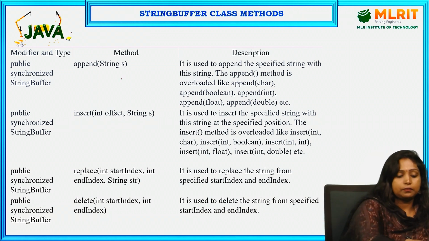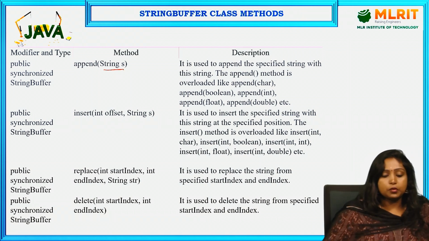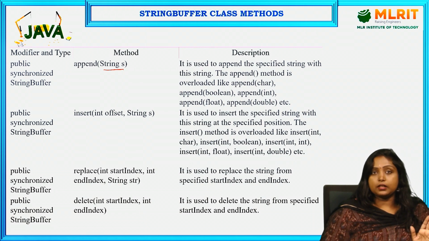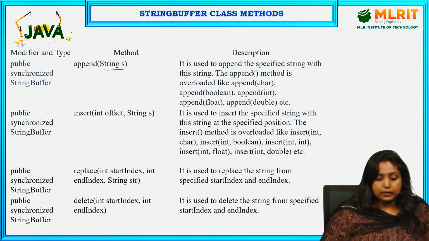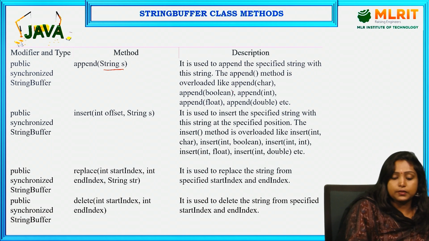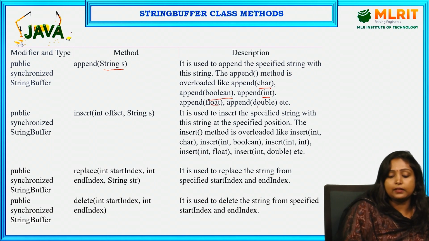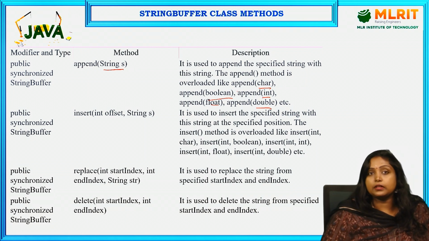The append method is used to add a string. It is overloaded, so you can append one string to another string, and you can use this method with character, boolean, int, float as well as double. You can give numbers also.